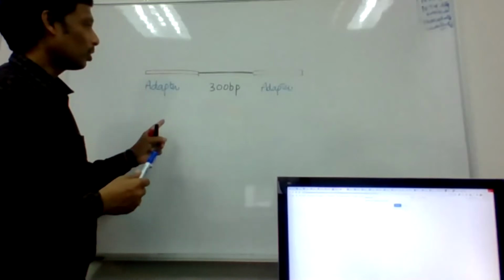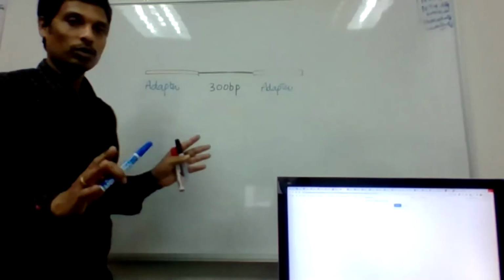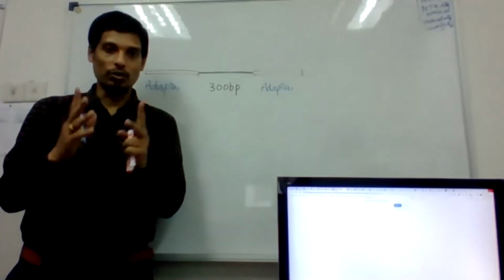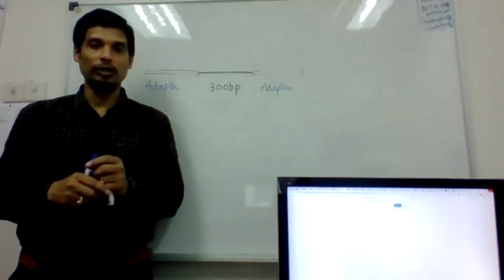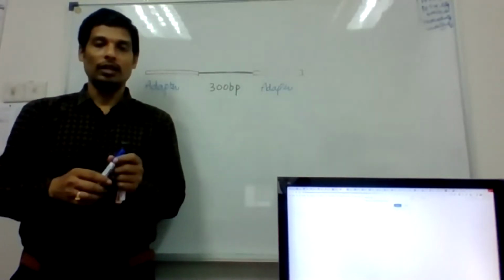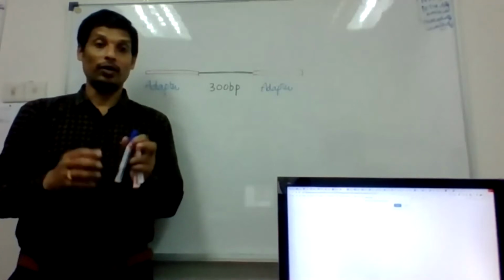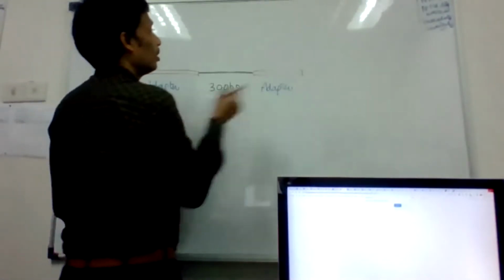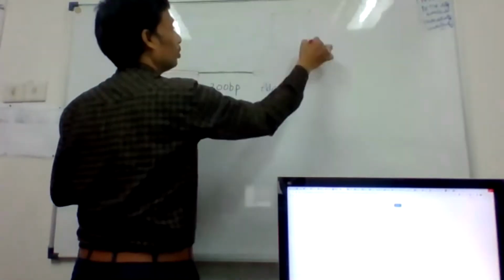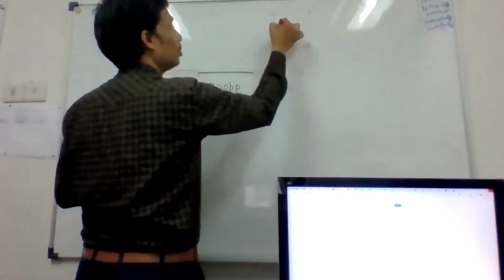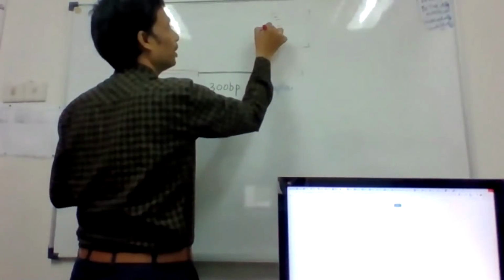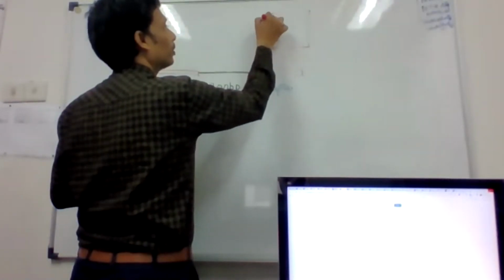So you understand so far, right? The whole DNA or genome sequence, we are breaking into small pieces of around 300 base pairs. Then you can select the 300 by running on an agarose gel. You use a ladder of known DNA sizes: 100, 200, 300, 400, 500.